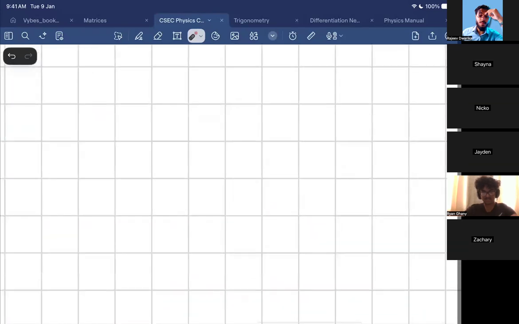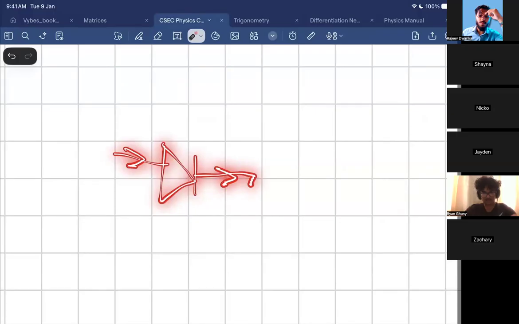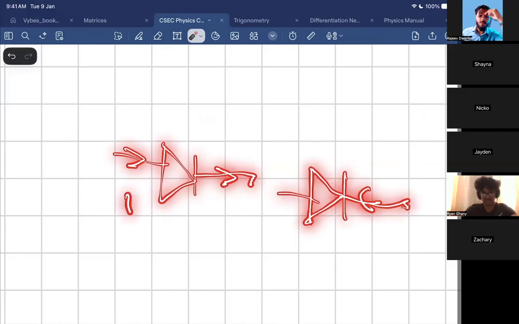Cool. What's the name of this component? Diode. Semiconductor diode, right? What do you call this configuration? Forward bias. What configuration do you call this? Reverse bias. Right? Semiconductor diode. Where do you use semiconductor diodes? I think you're going to know this one: rectification.